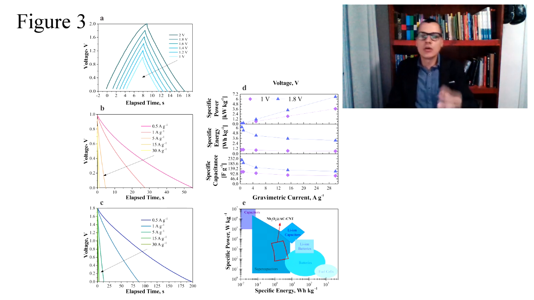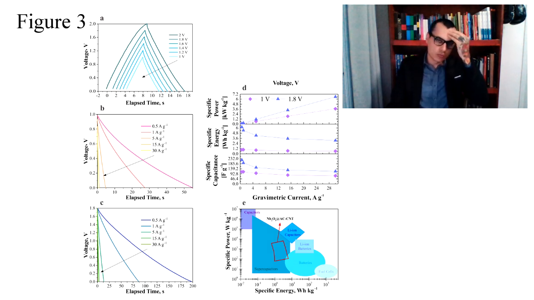Such electrochemical window is from 1 to 1.8 volts and is shown in figure 3e through the Ragone plot. As shown in the Ragone plot, the power and energy values of the presented device are situated in the superior right part of the graph, where it is indicated by a red frame rectangle.